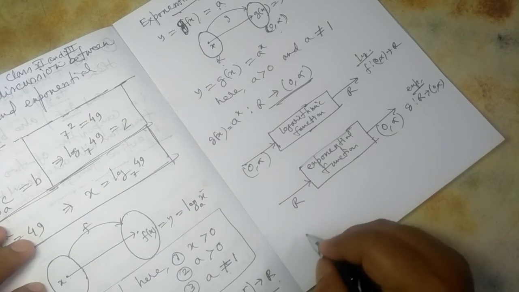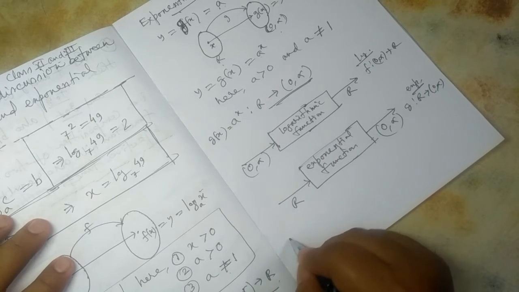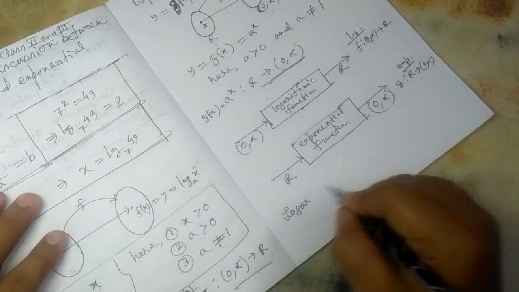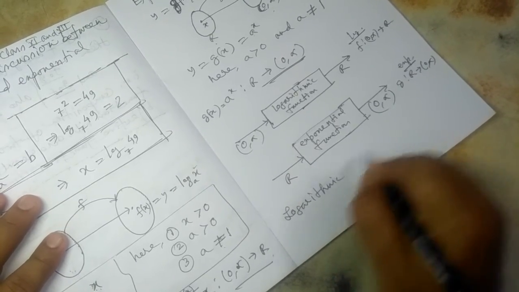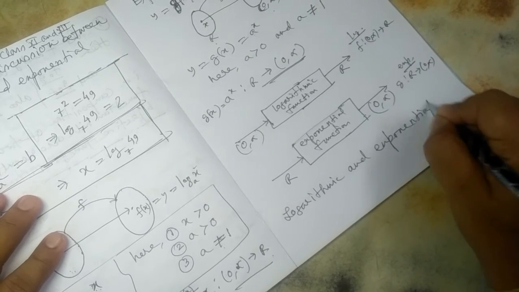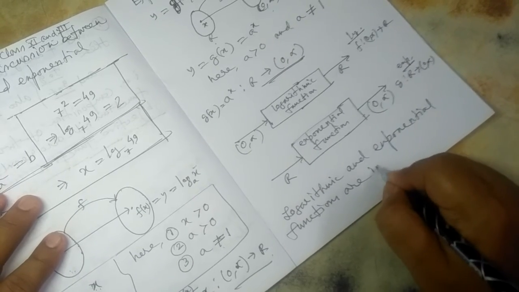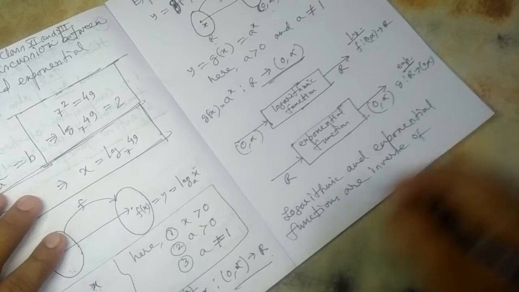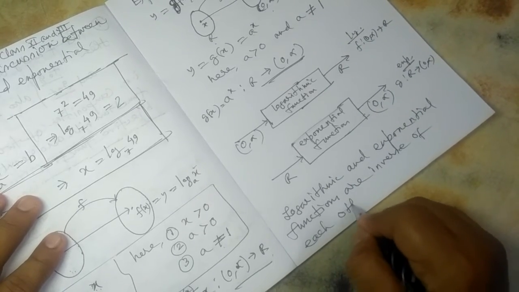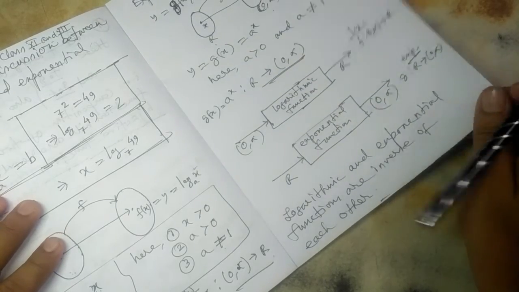So that's why we say that logarithmic and exponential functions are inverse of each other. We may depict it like this.